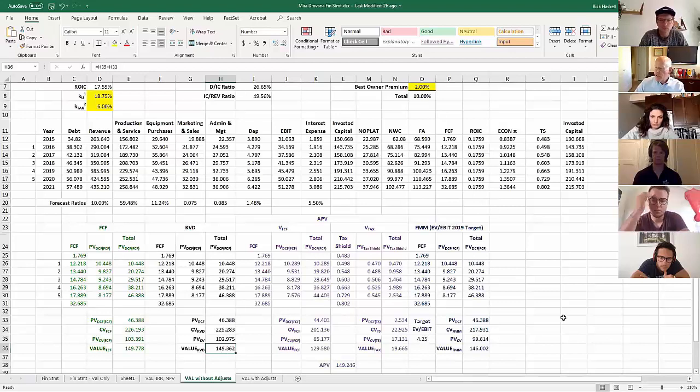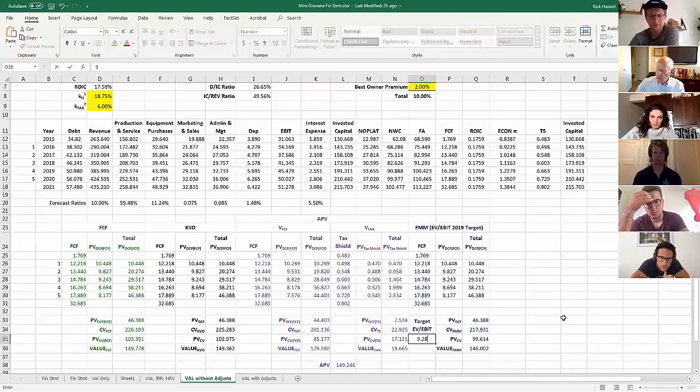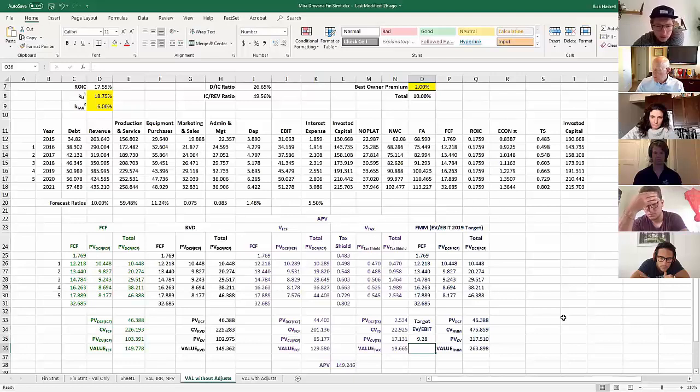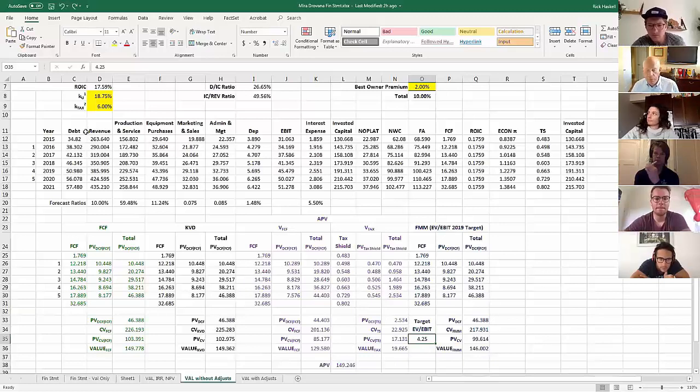If I go over here where I've placed a multiple, I put 9.28 here, it doesn't give me 317 because I'm using an elongated form of this. So that's not a good way of showing it to you. I apologize. But the value coming up with just the multiple itself is 317, versus the value coming up with a more rigorous approach, where we estimated our cash flows and used the present value of those estimated free cash flows and then added them to a continuing value.